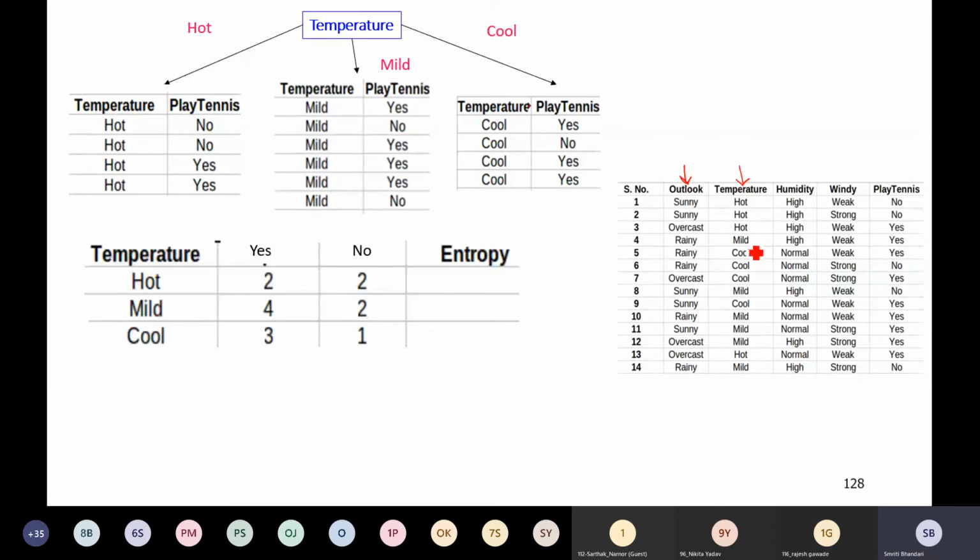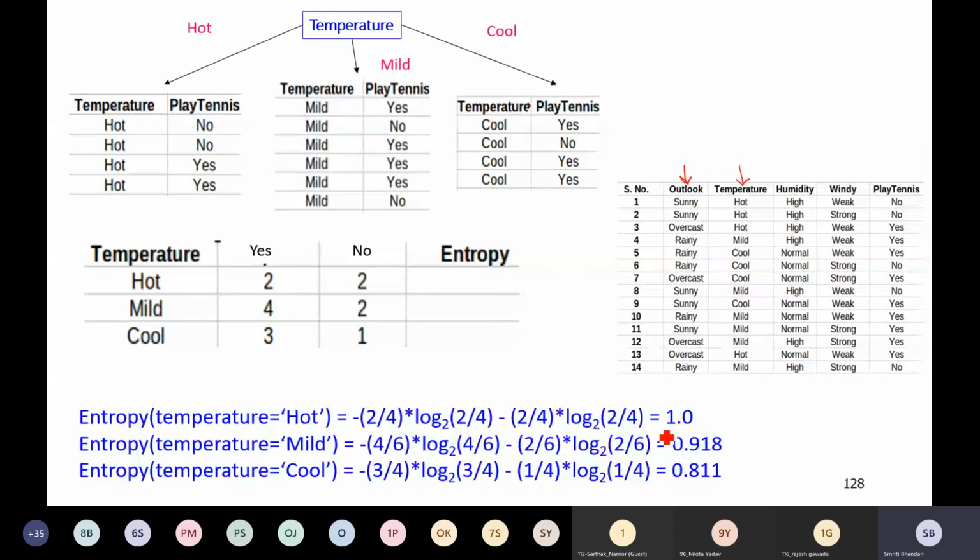Having these three values for temperature, we then need to compute the respective entropy values: entropy for temperature equal to hot, entropy for temperature equal to mild, and entropy for temperature equal to cool.